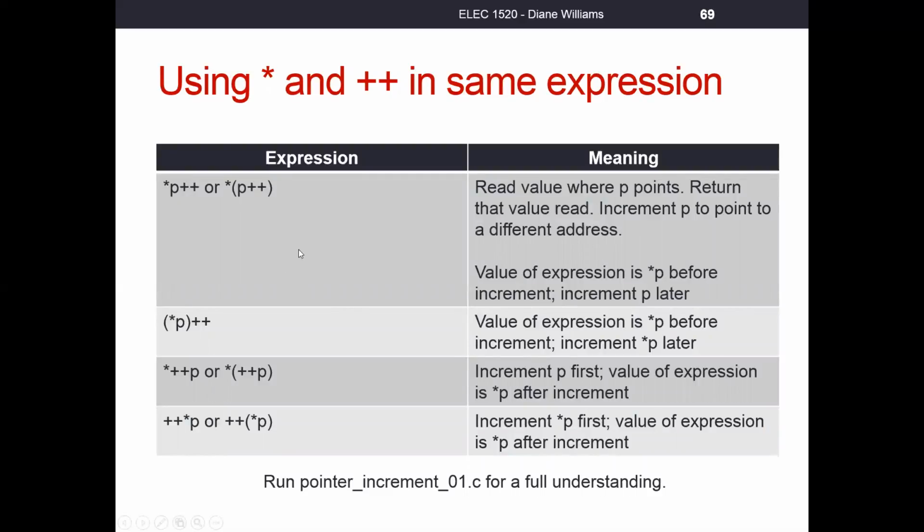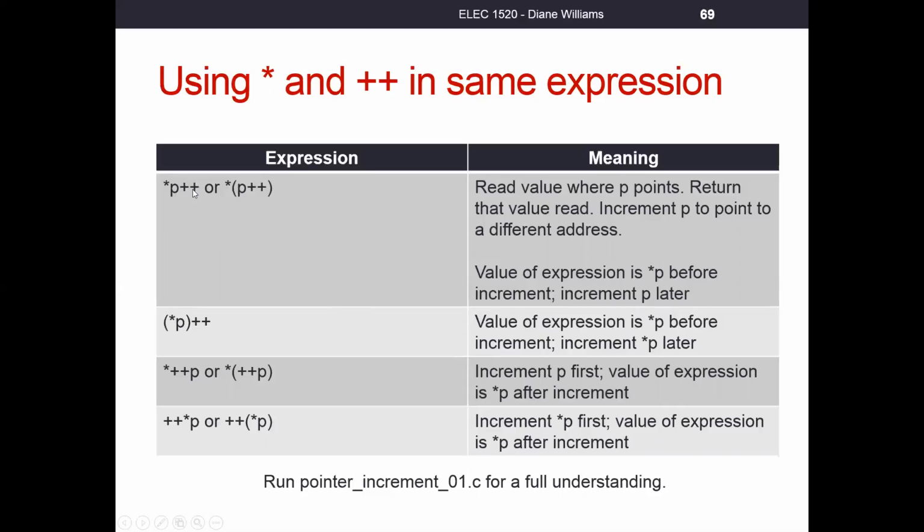Right, here's where you want to be careful when you're using the indirection operator and doing incrementing or decrementing at any time. These two expressions are equivalent to each other. What this means is the indirection operator is taking precedence. Read the value where P points. So this is post increment.